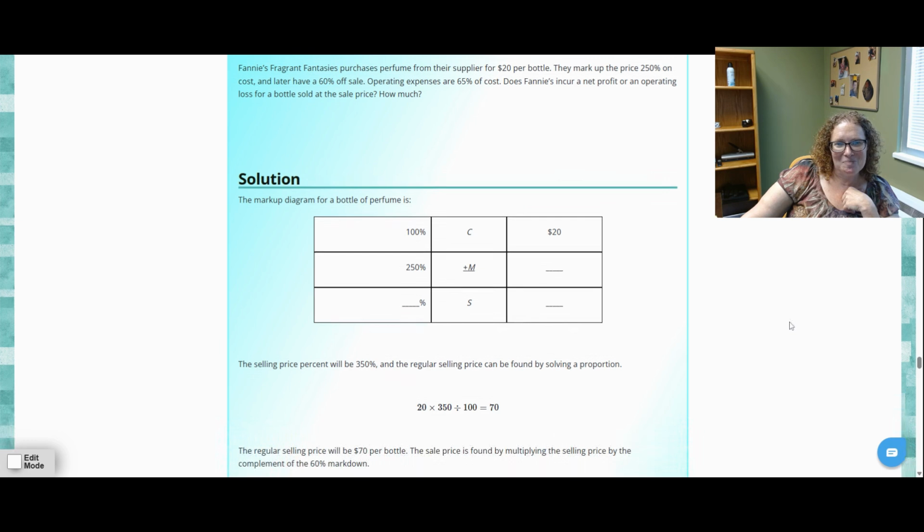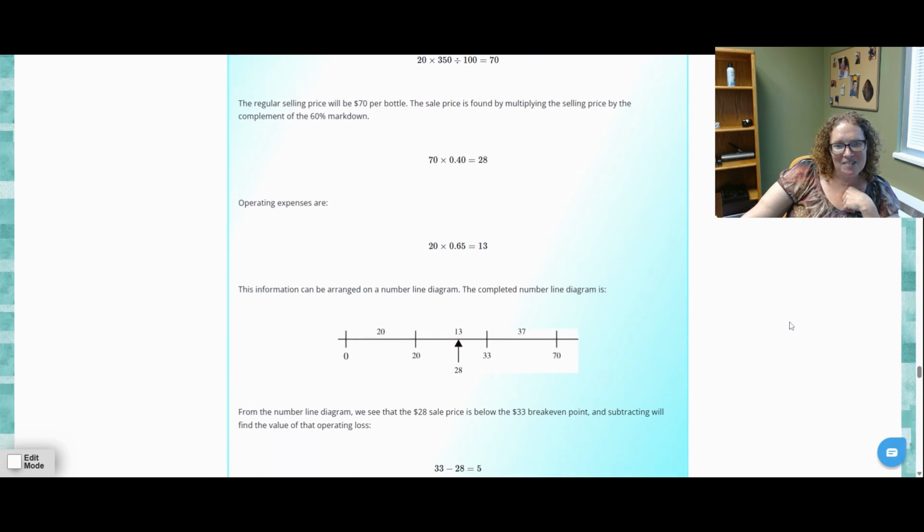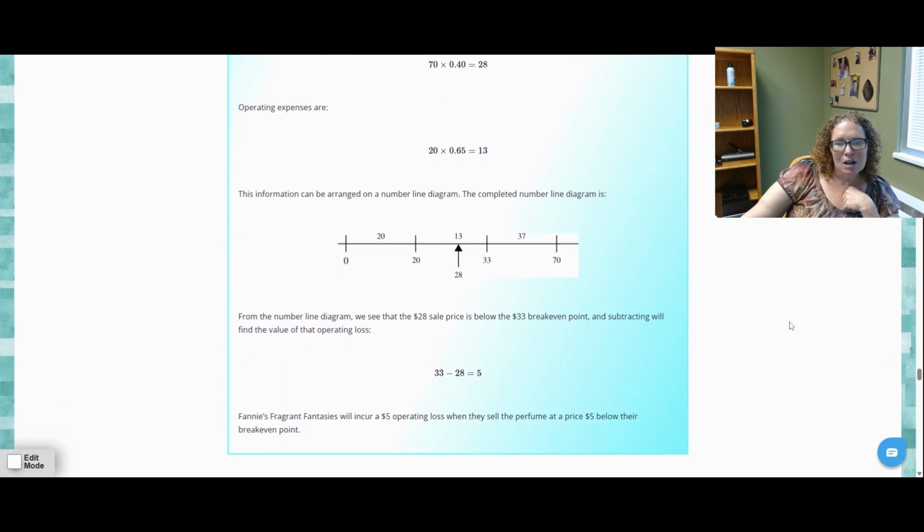And then we want to know how much. So that's when we put everything into our handy dandy little box again, and we find out as we go along. Oh, we have our little diagram as well. We see that Fanny's Fragrant Fantasies will incur a $5 operating loss when they sell the perfume at a price $5 below their break-even point.